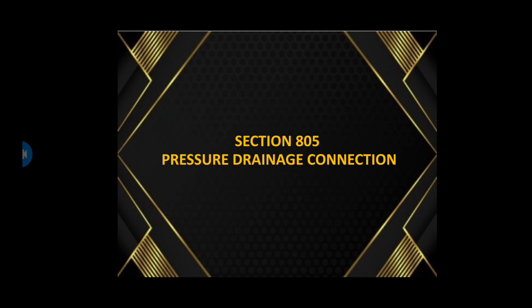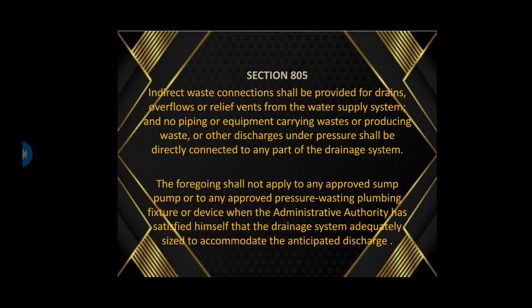Section 805. Pressure drainage connection. Indirect waste connection shall be provided for drains, overflows, or relief vents from the water supply system, and no piping or equipment carrying waste or producing waste or other discharge under pressure shall be directly connected to any part of the drain system.